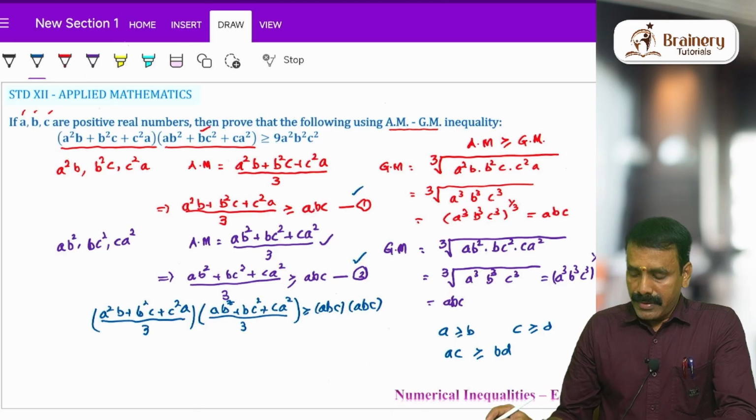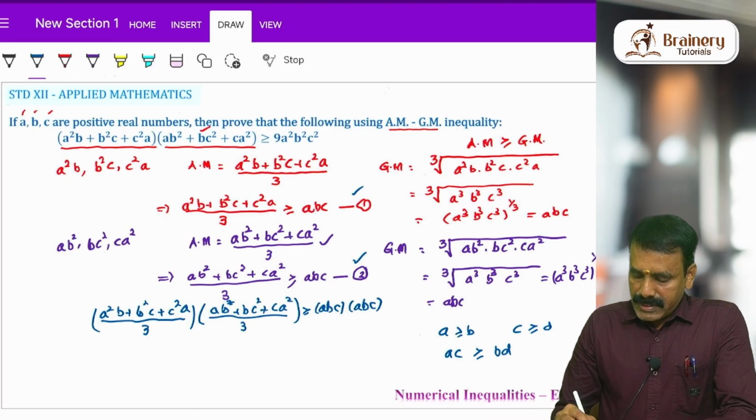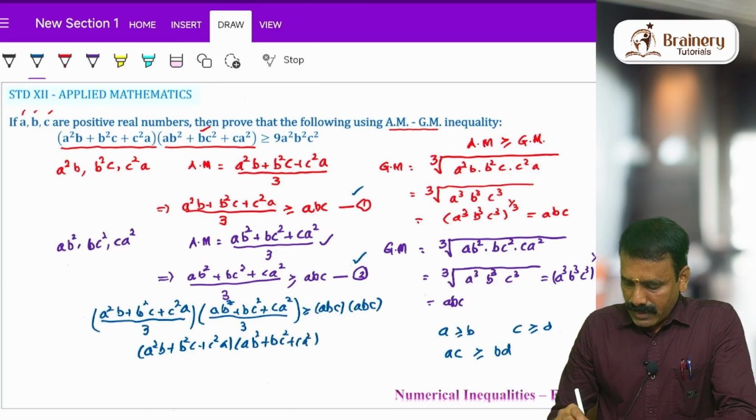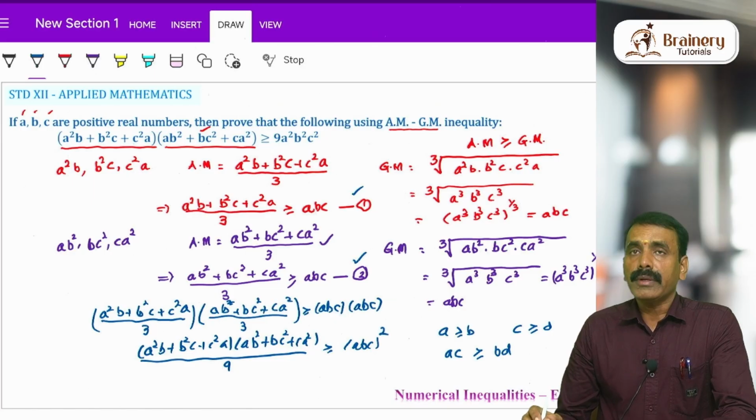Is it clear? Now left hand side we simplify, we get A square B plus B square C plus C square A multiplied with AB square plus BC square plus CA square divided by 9 greater than or equal to, right hand side is ABC whole square.